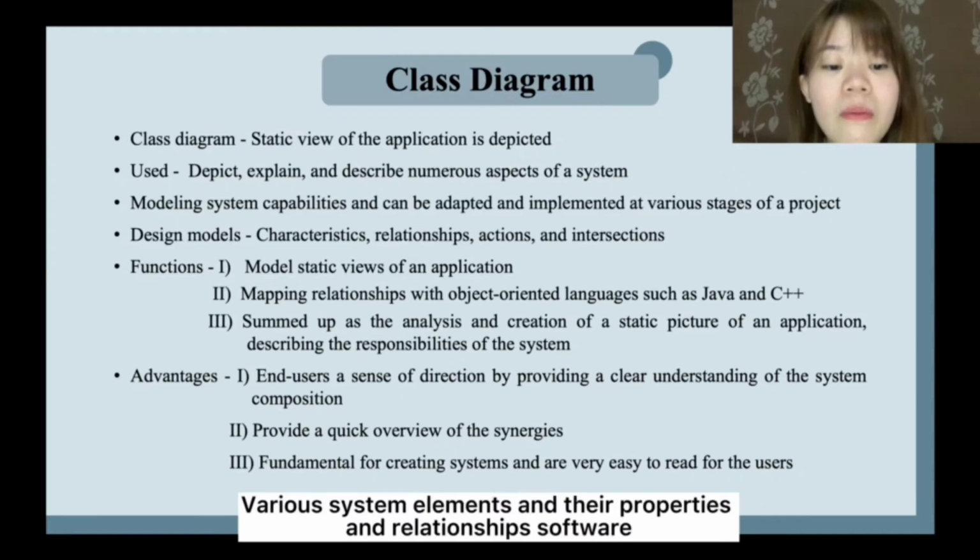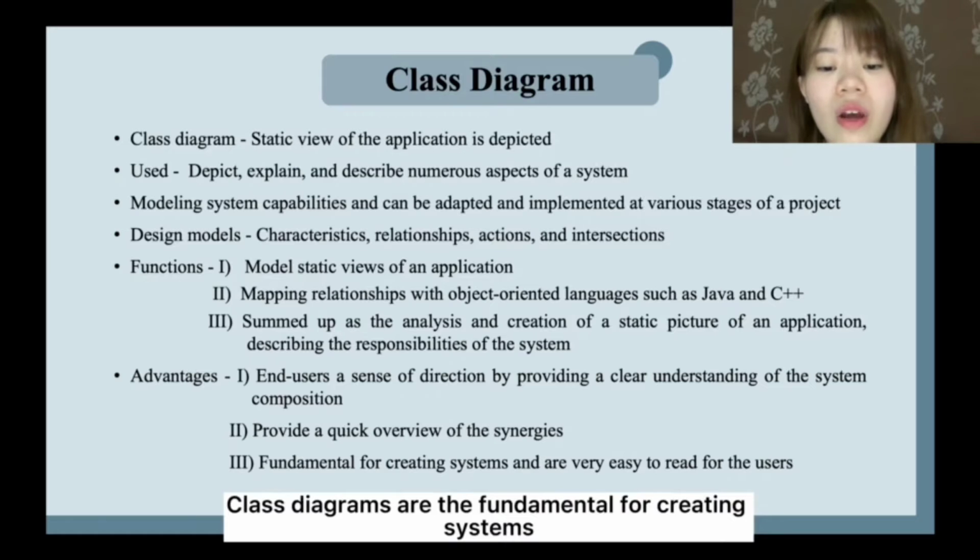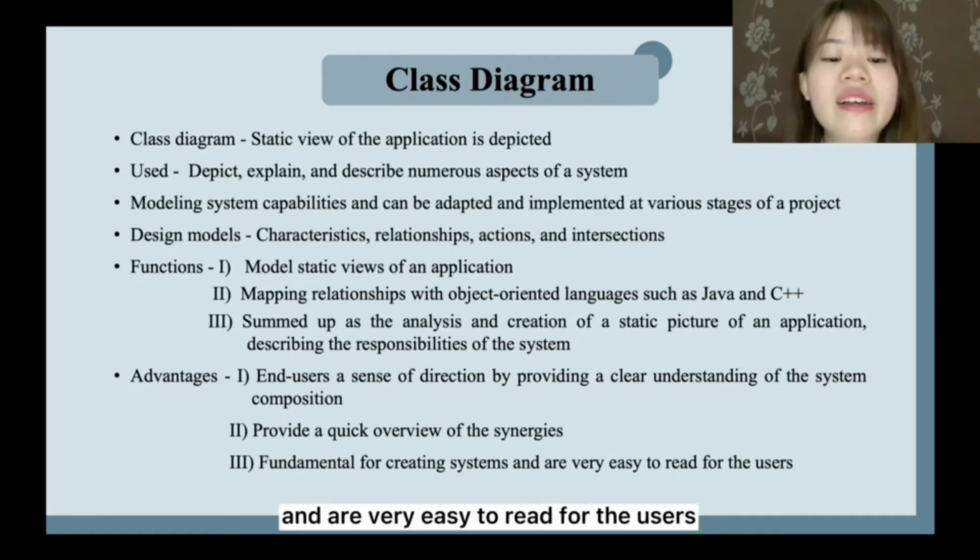Various system elements and their properties and relations will provide a quick overview of the synergies. Class diagrams are fundamental for creating systems and are very easy to read for the users.